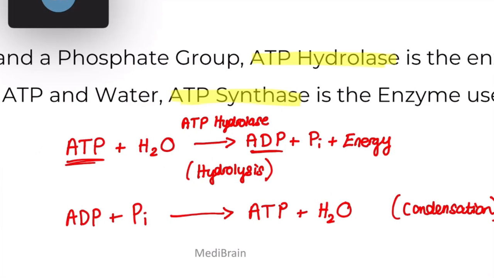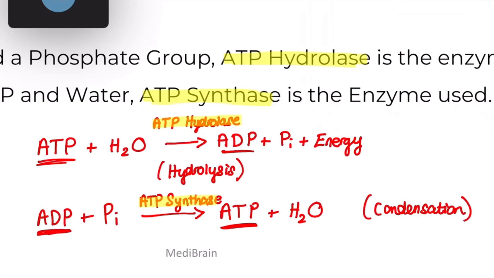For this reaction to occur, as you can see from ADP, we are synthesizing ATP. So the enzyme that we are going to use here is called ATP synthase. So we had ATP hydrolase before, and over here we're using ATP synthase.